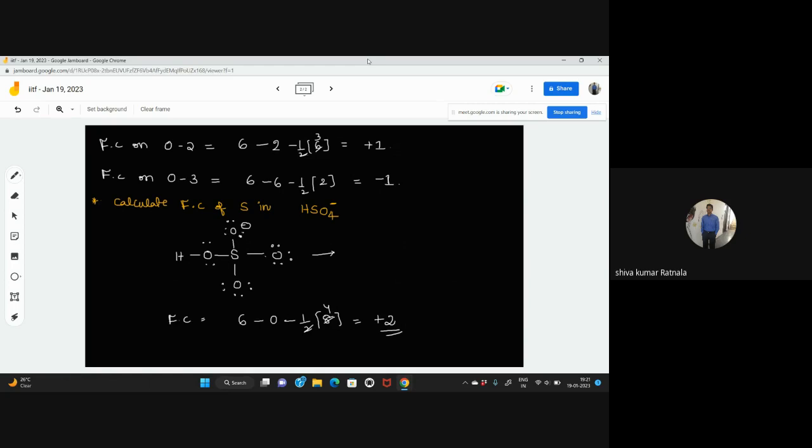From there only we can write. Sir, how can we know where we have to take double bond and where single bond, sir? Just simply we are going to fulfill octet at every atom only.